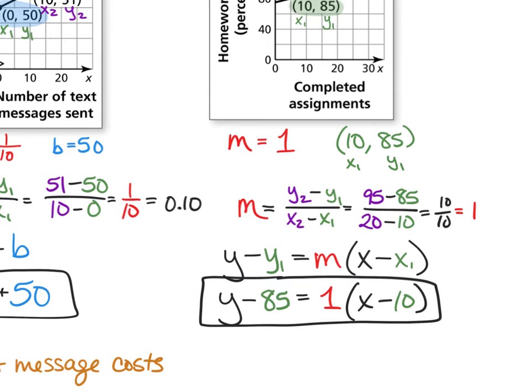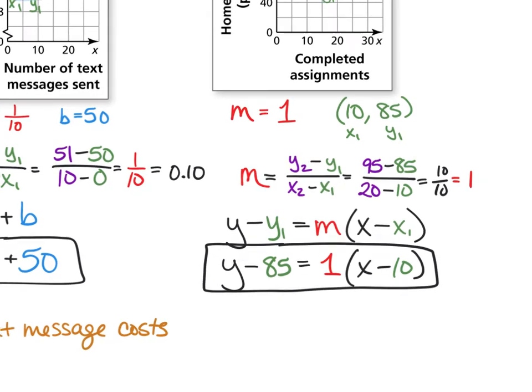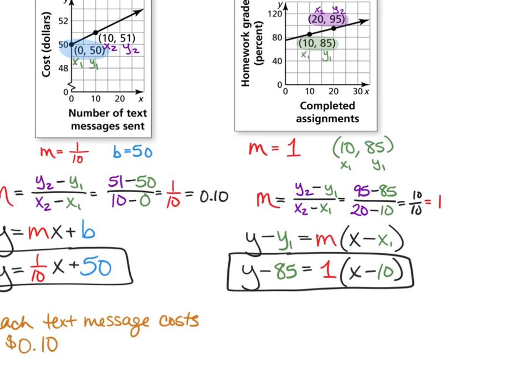But let's interpret the slope here. What was my slope? What was the number I got for slope? 1. And what are we talking about with this graph again? What are we measuring? What's the x-axis? And what's the y-axis? Homework grade.